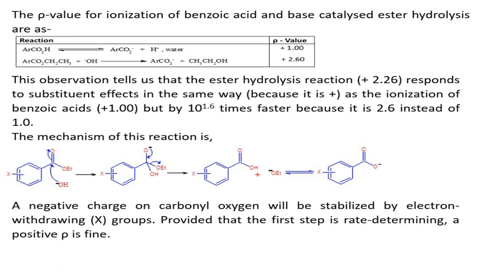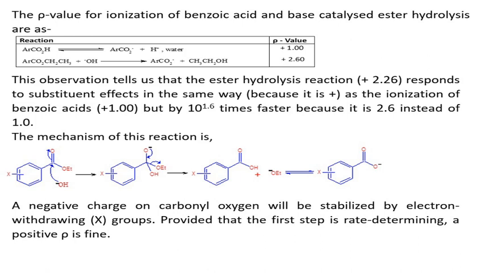The rho values for ionization of benzoic acid and base catalyzed ester hydrolysis are as follows. See these two reactions. I explain again how this rho value was obtained. Differently substituted benzoic acids were taken.